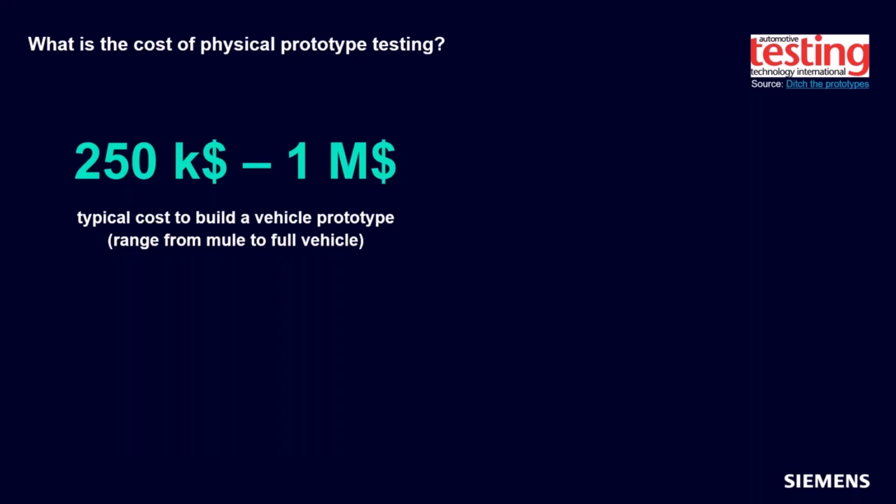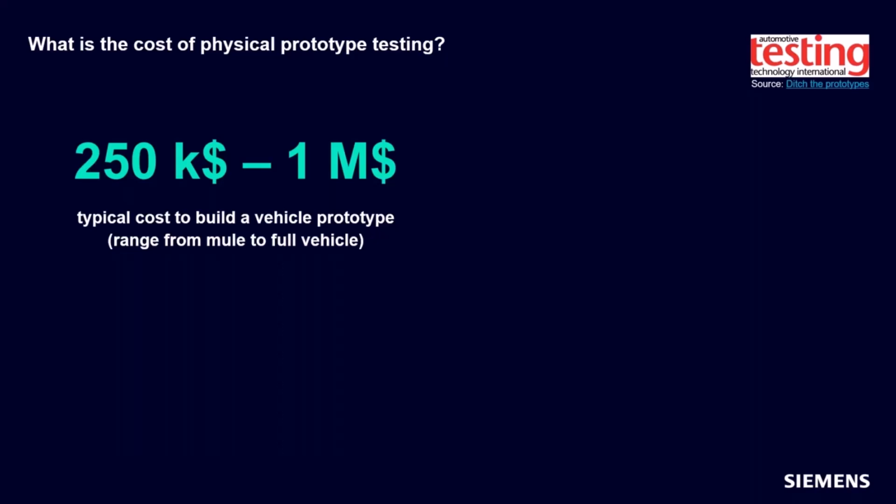In the auto industry, this study done by Automotive Testing Technology International found that the cost of a prototype can range anywhere from $250,000 for a development mule vehicle, as they're called, which is starting with an existing product and cobbling some changes onto it to represent in some crude way the new generation.